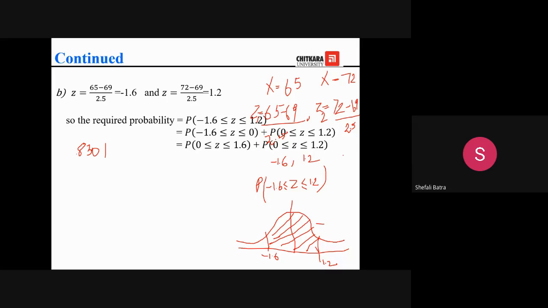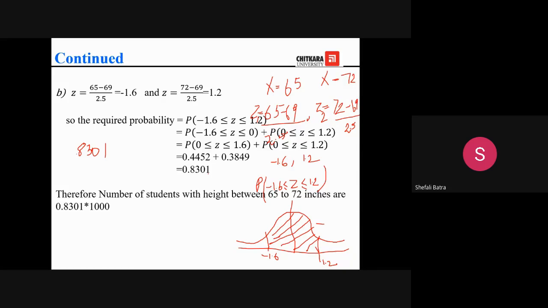So writing in positive terms, the answer would be this. Very right, beta. 0.8301. So now to find the number of students, you'll be multiplying this probability with 1000, and the answer is 830. Right? So 830 students are there having height between 65 to 72 inches.